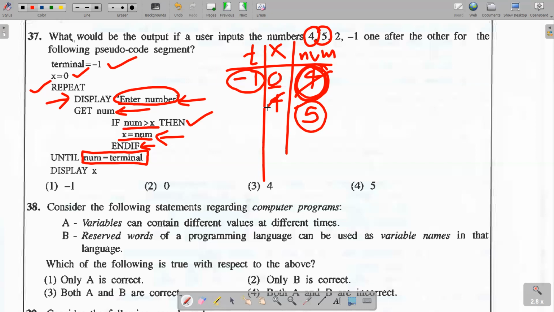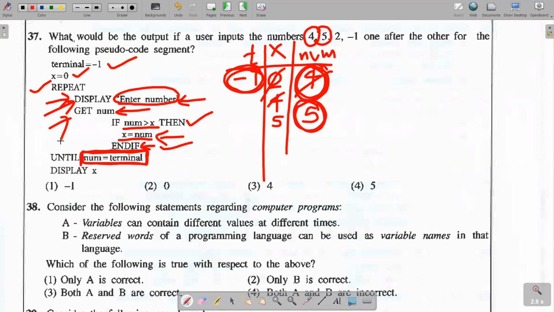So 5 will be assigned to the x. Then again it comes to the end if and checks whether num equals terminal. Num is not equal to terminal. Terminal is -1. Num is 5 now. So then it goes up and checks again. Display enter number and get num.